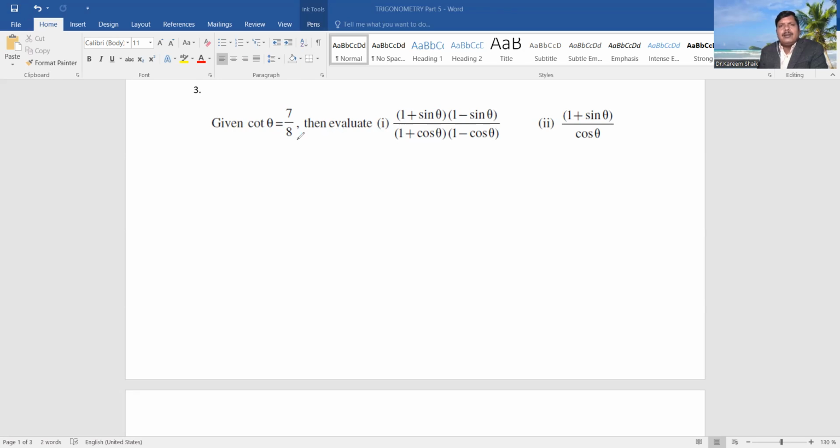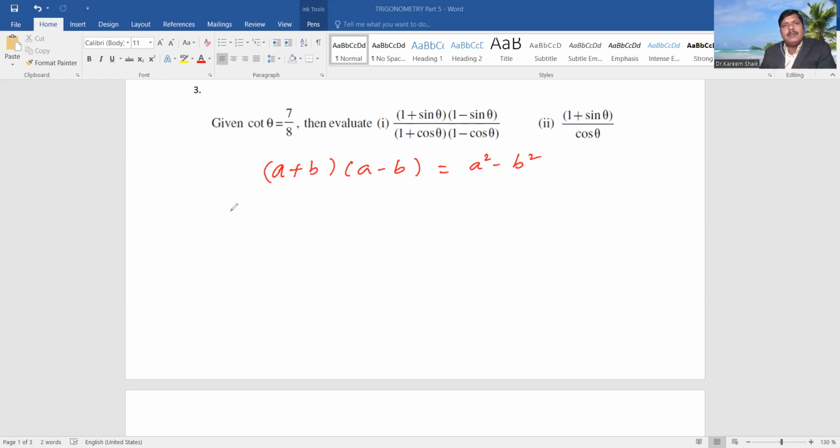Better than that, if you know the trigonometric ratios as well as an algebraic identity, that is, we know that (a plus b) times (a minus b) is nothing but a square minus b square.